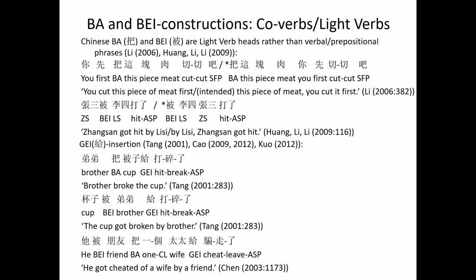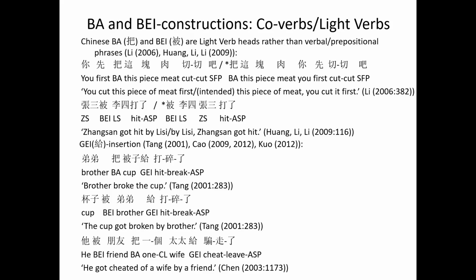If we put all of these morphemes together, we can use bǎ and bèi and also gěi in one single sentence. So this example, 他被朋友把一个太太给骗走了. Okay, so we use gěi below bǎ, and both of them dominate gěi.